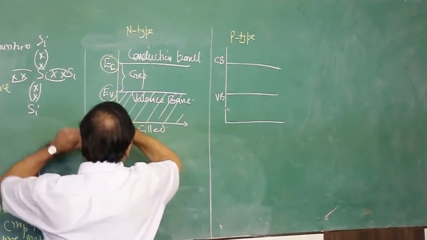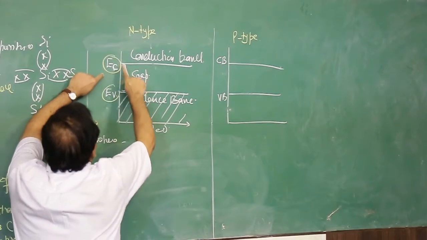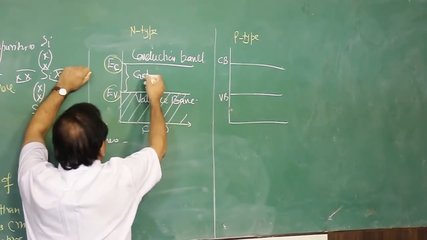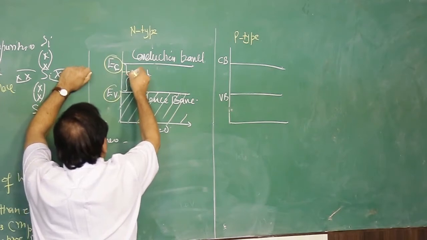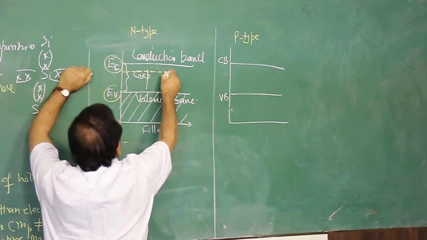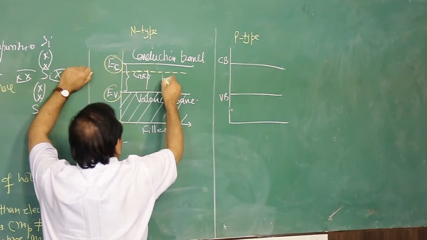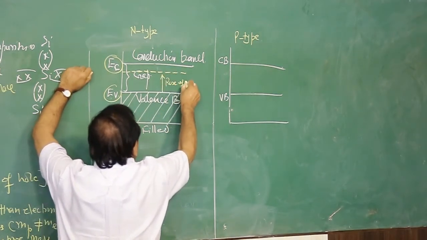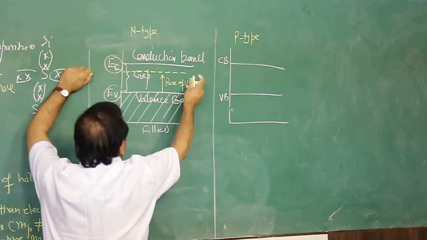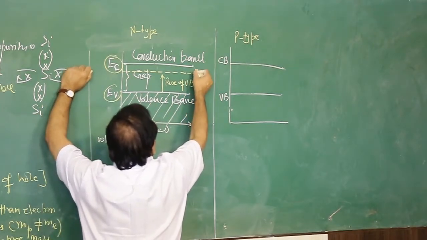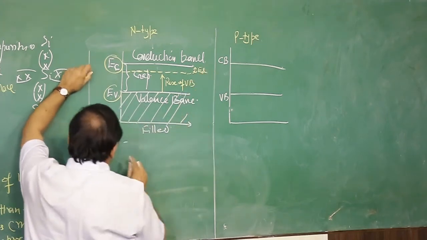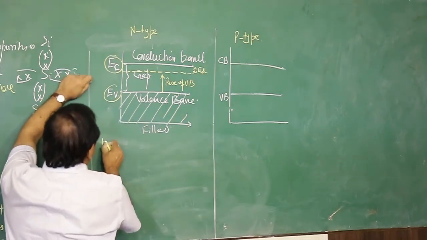In n type, there is excess of electrons. So, excess of electrons gives the concept of rise of the valence band. This one is the rise of valence band, and this gap is E_D.